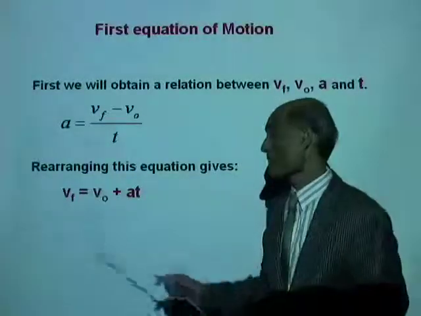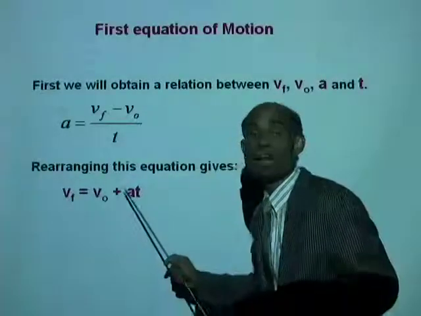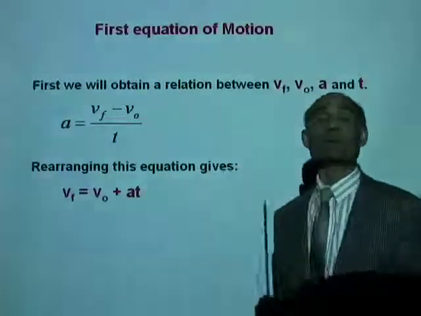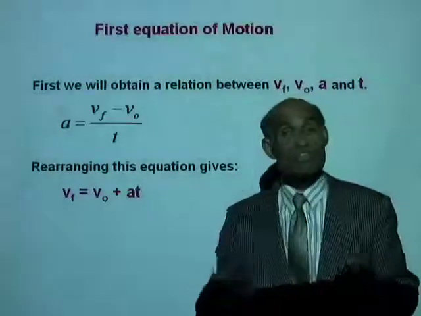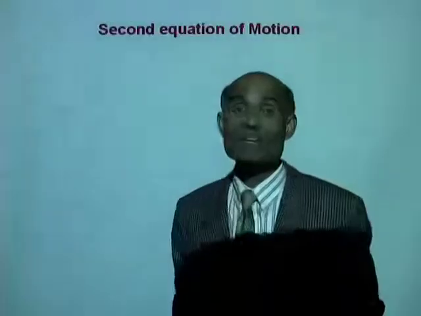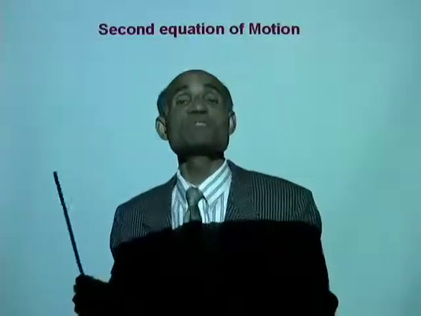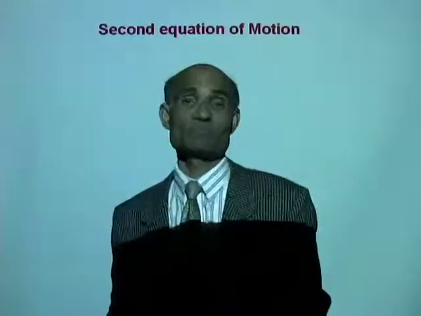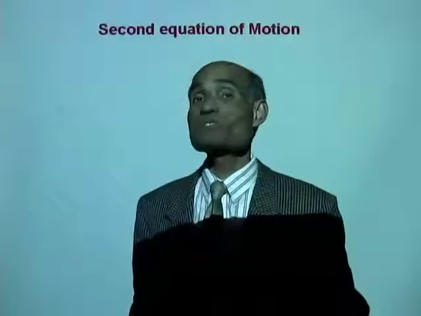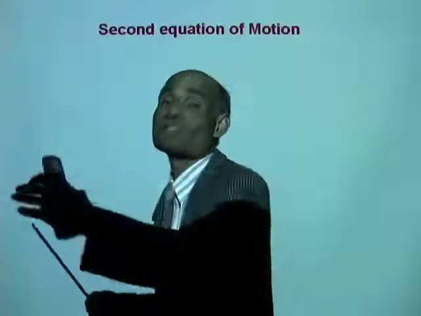Final velocity equal to initial velocity plus acceleration multiplied by time. This is the first equation. What is the first equation? Vf equal to V0 plus At. Or I will simply sometimes say V equal to V0 plus At.